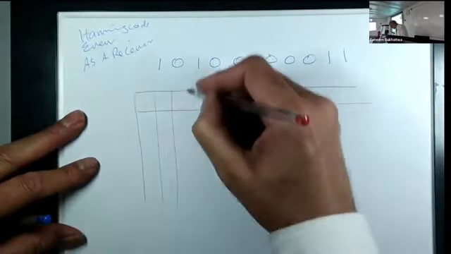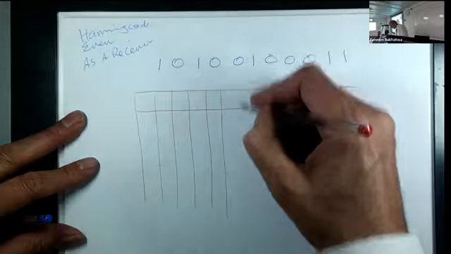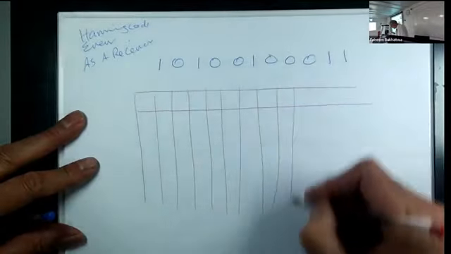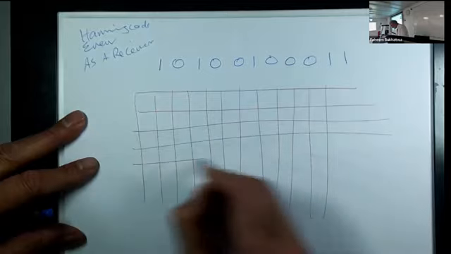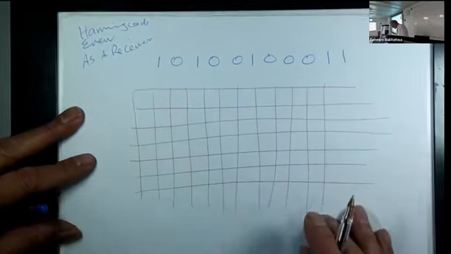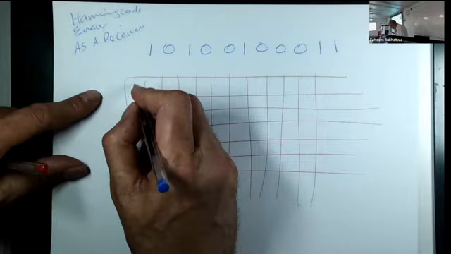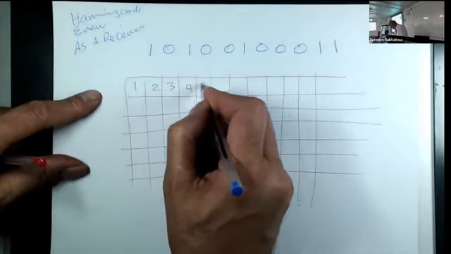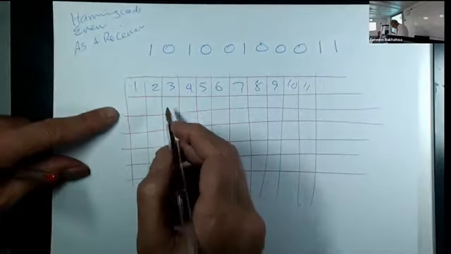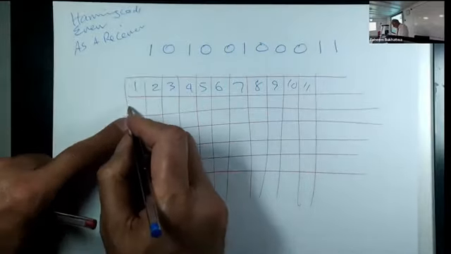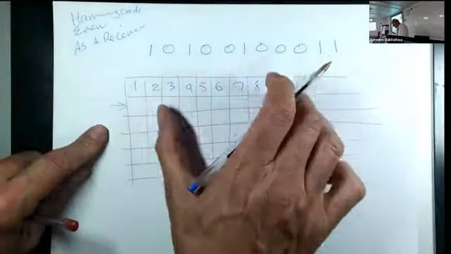1, 2, 3, 4, 5, 6, 7, 8, 9, 10, 11. This is the data. This is P1, P2, P4, P8. And this is where you fill the data. That frame should go in there.